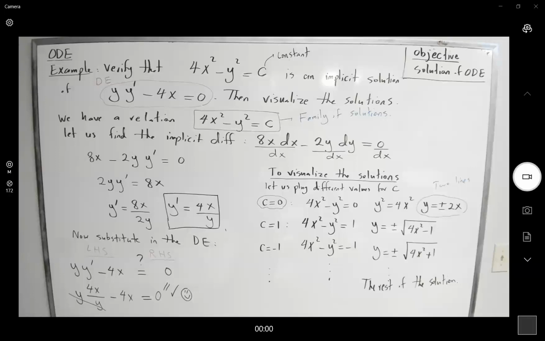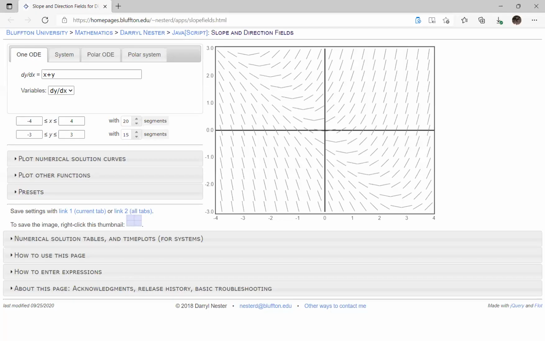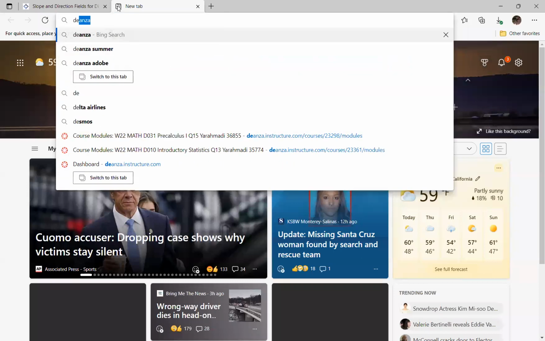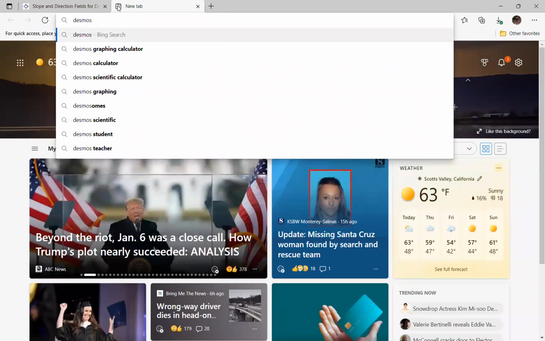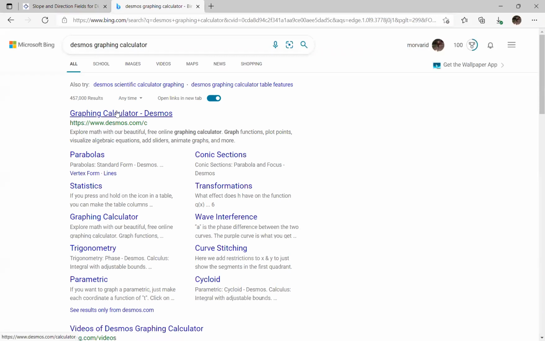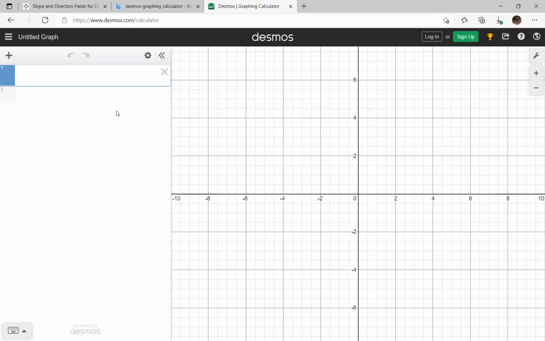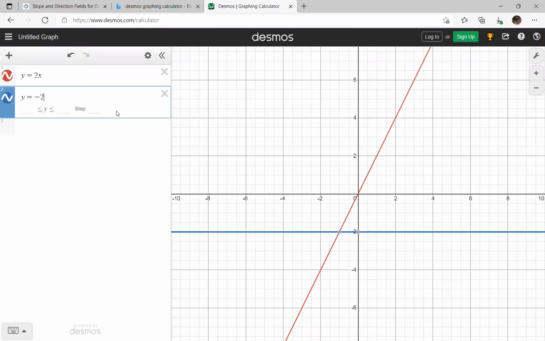Now let us use technology to feel more comfortable about the solution of the differential equation. So let's use Desmos and graph these. Remember that one of them was y equals 2x, the other one was y equals -2x.